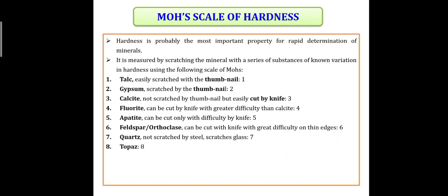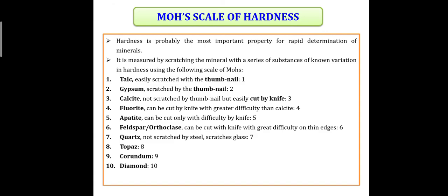So 8 is topaz, 9 is corundum, and 10 is diamond. Diamond is the hardest mineral, and topaz, corundum, and diamond are richly present in stones. The mineral name and the stone name are very similar.